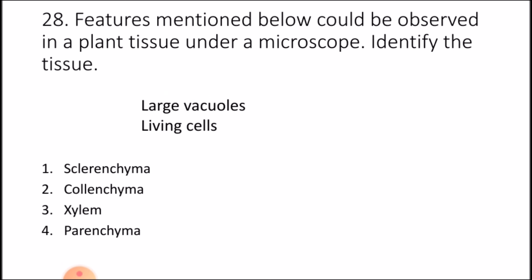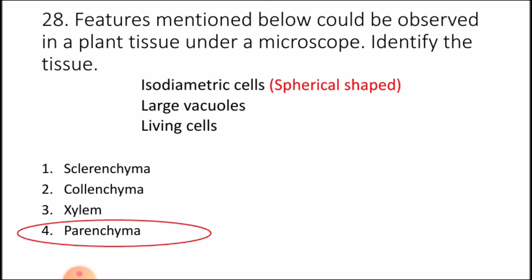Question number 28. Features mentioned below could be observed in a plant tissue under a microscope. Identify the tissue: large vacuoles and living cells, and presence of isodiametric cells. So this is about parenchyma tissues, because spherical or isodiametric shaped cells are present in parenchyma, and they have large simple vacuoles, and they are living cells.